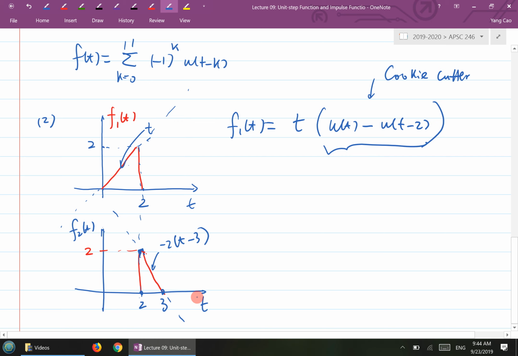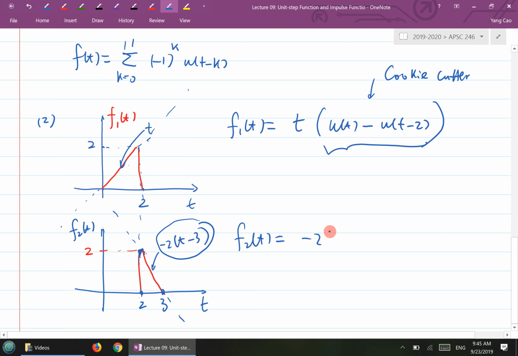And that's piecewise again. But if I use this cookie cutter concept, we're going to cut out only a portion of this straight line. That portion is between 2 and 3.